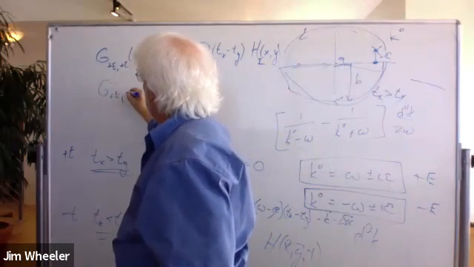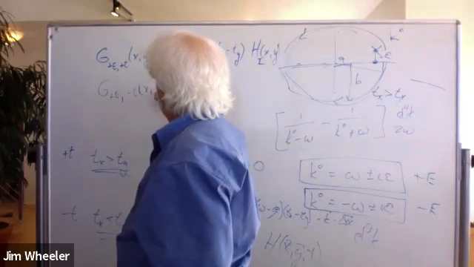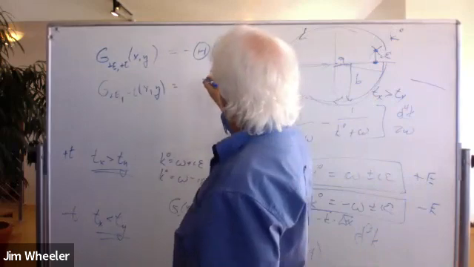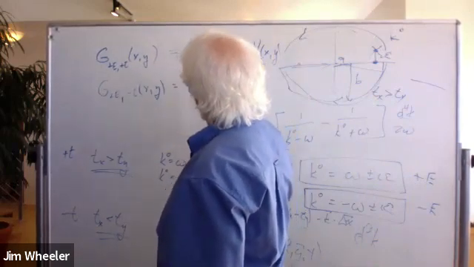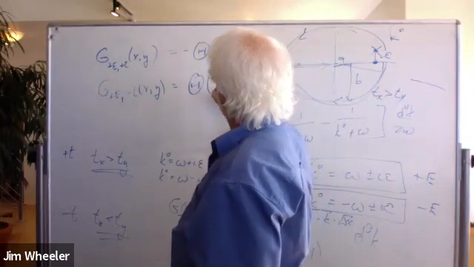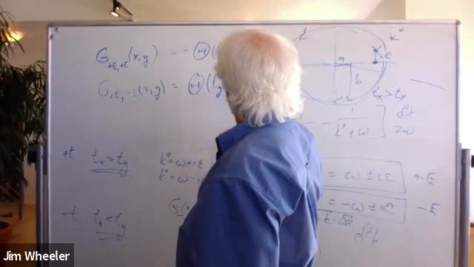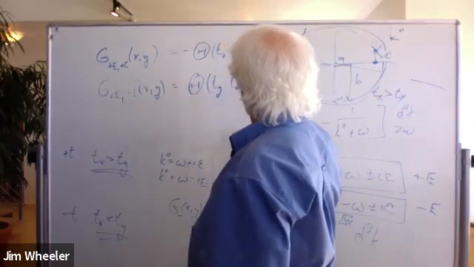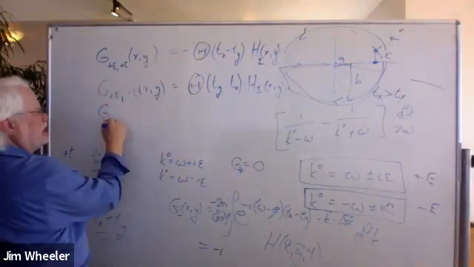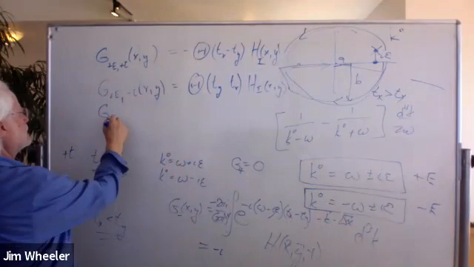And then if we do this for positive energy, but in the wrong time order, we're going to have a plus theta. So theta is 1 if this argument's positive, 0 if it's negative. So this is the reverse time order. Then we have the negative energy solutions. That's these guys. And we have two cases of that too.